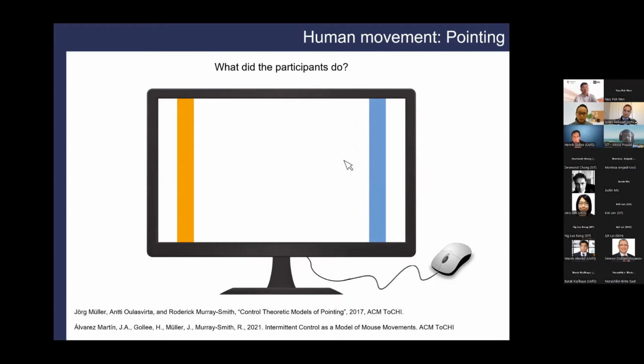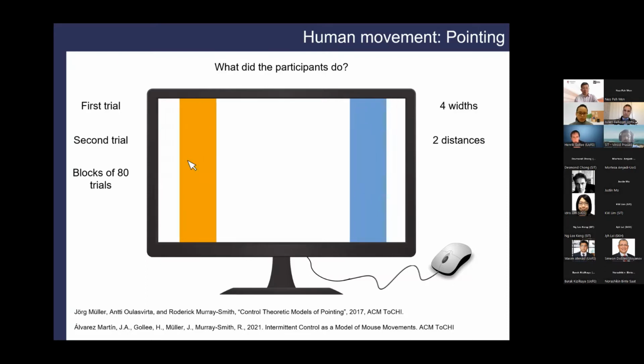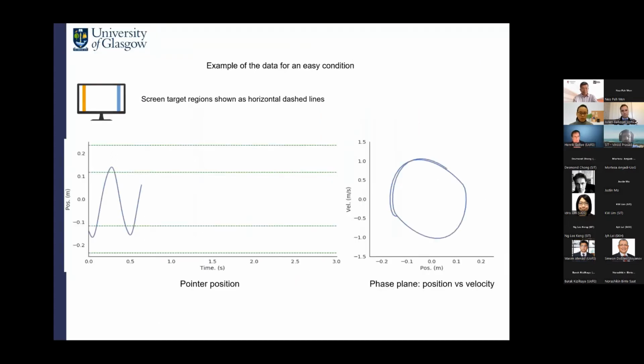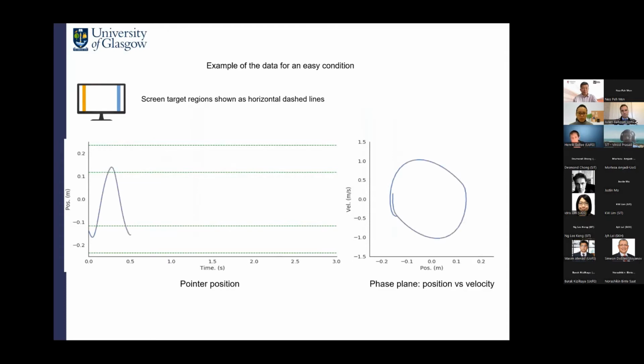One was a simple mouse movement where a pointing task was conducted, where the user was asked to basically move the mouse between these two areas, which have variable width and variable distance. So we ended up with 8 conditions in this case. And if you look at the recordings, they look fairly stereotypical, but if you actually look at them in more detail, you see there's quite a bit of variability.